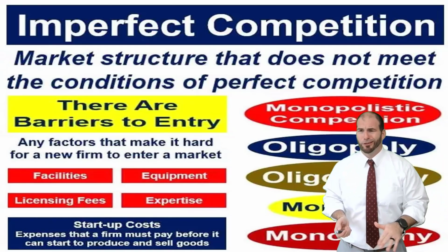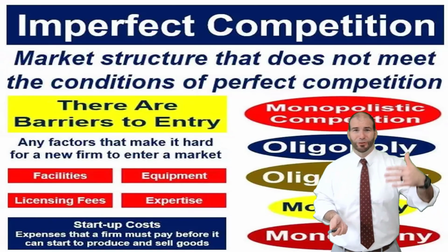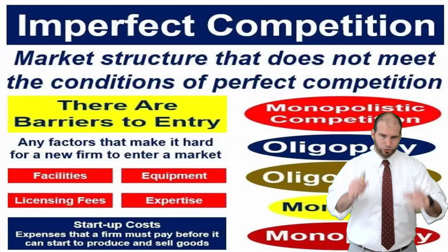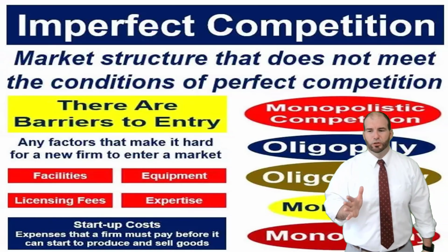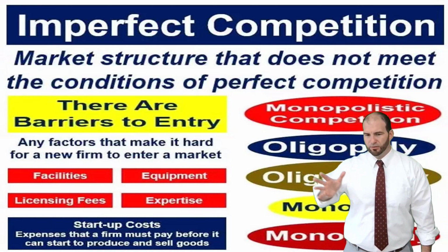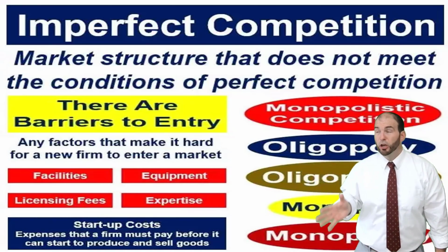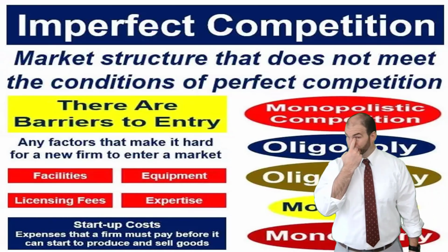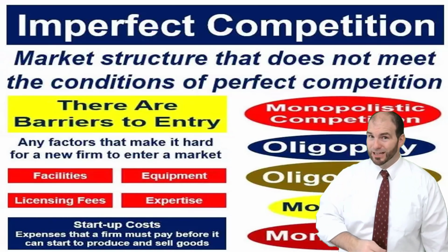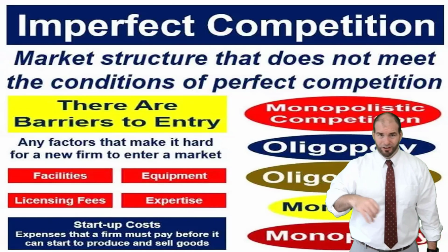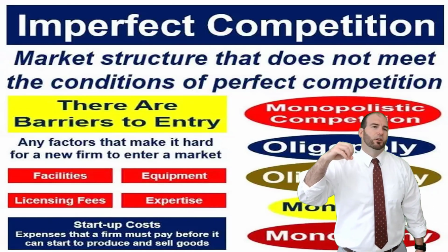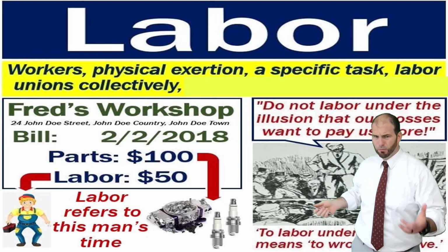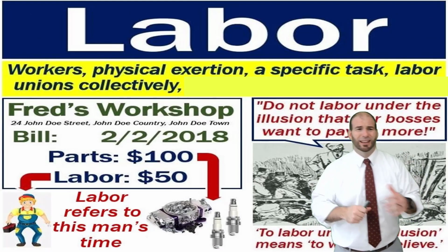But the really imperfect, the absolute trash ones, are the ones we're going to talk about today: oligopoly and monopoly, which are two different things. This is where the market is very skewed, usually in favor of whoever controls it, not the consumer. We're going to talk about some current examples of that in a minute, but that is considered imperfect competition.